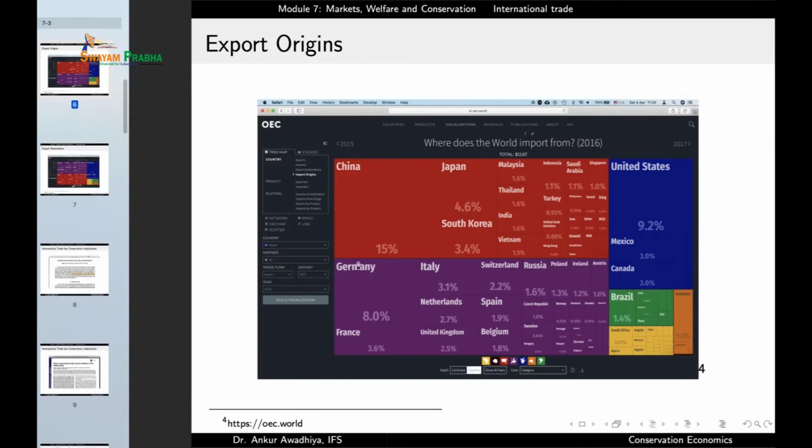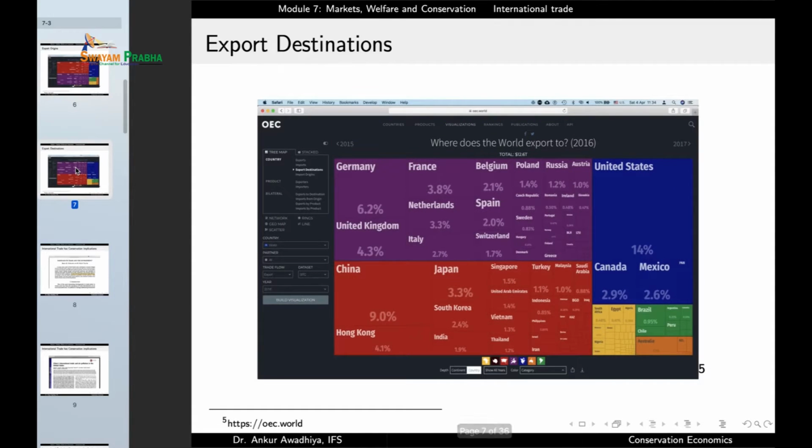The biggest exporting country is China, with as much as 15% of world exports coming from goods and services exported from China. The second largest exporter is the United States with a share of 9.2%, followed by Germany at 8%. So these are the three largest exporters of goods.